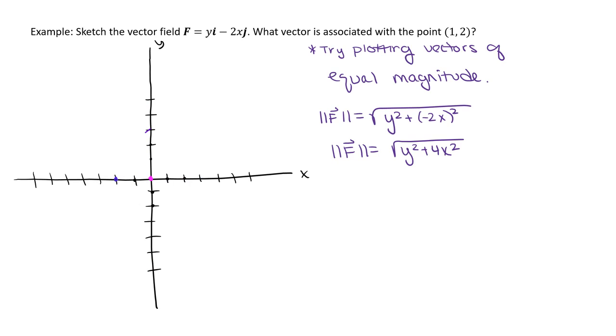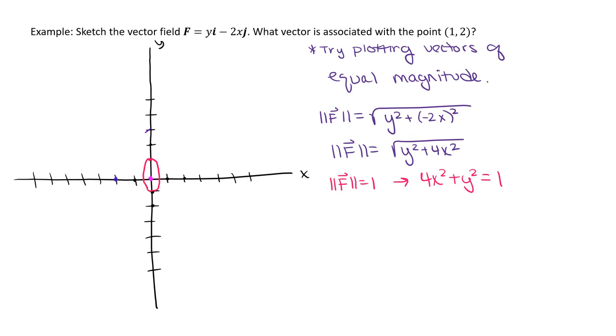So now think about what that looks like. In this particular case, the magnitude of my vectors can be found by taking the square root of my x component squared plus my y component squared. So the magnitude of this vector field would be the square root of y squared plus 4x squared. And then I'm going to consider, where am I going to have vectors with a magnitude of 1?